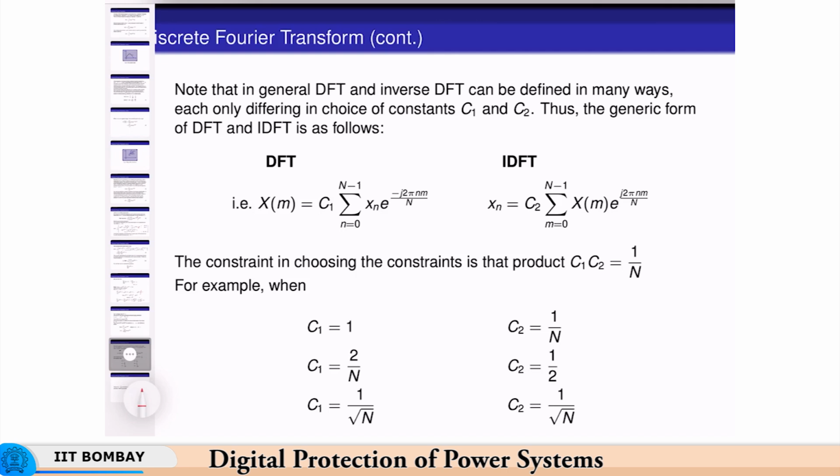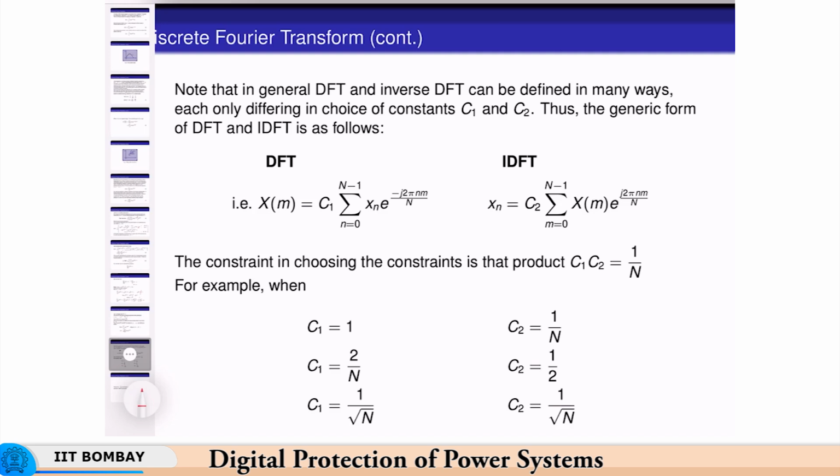So if the DFT has a scaling constant 2 by n, then the inverse DFT will have to have the constant as 1 by 2. So the constraint is that if your DFT has a scaling constant C1 and the inverse DFT has a constant C2, then C1 C2 should be equal to 1 by n.